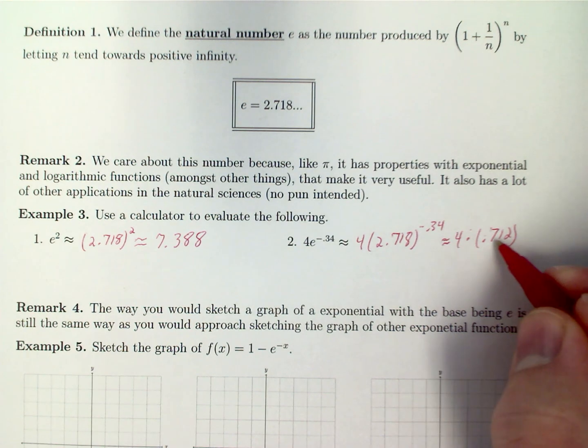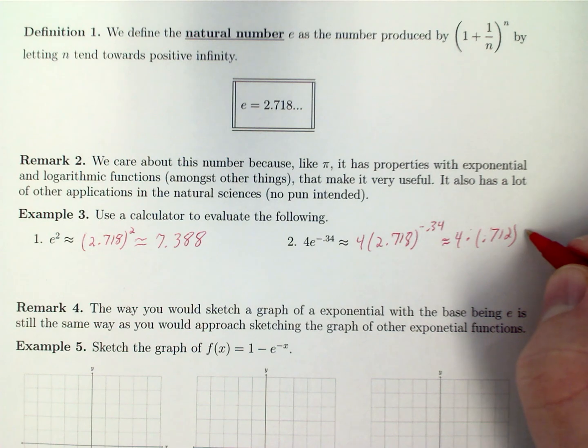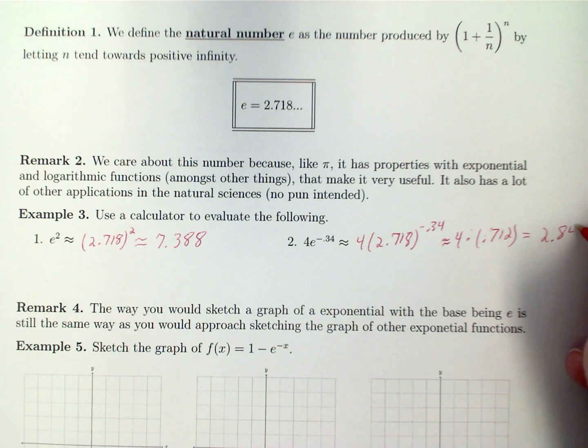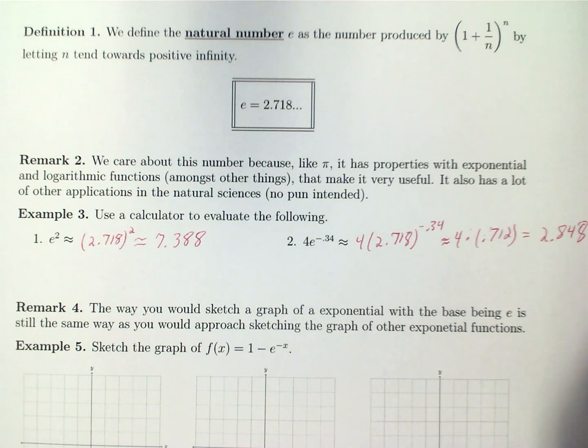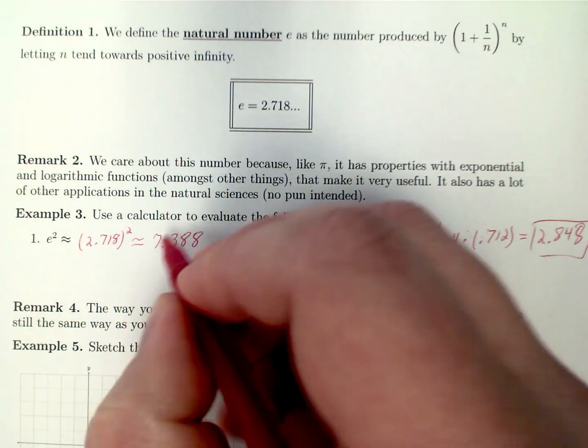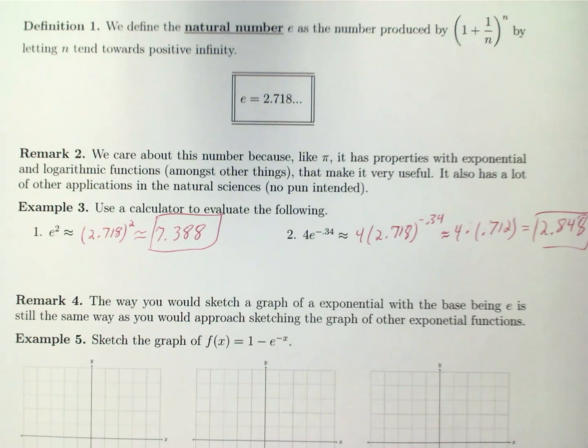And then we have 4 times 0.712, which gives us 2.848. All right, so we have these two decent approximations.